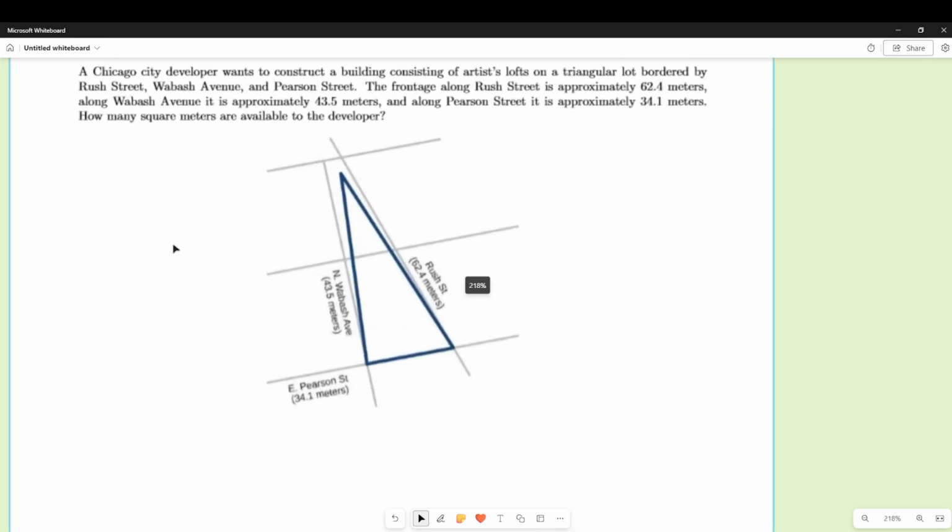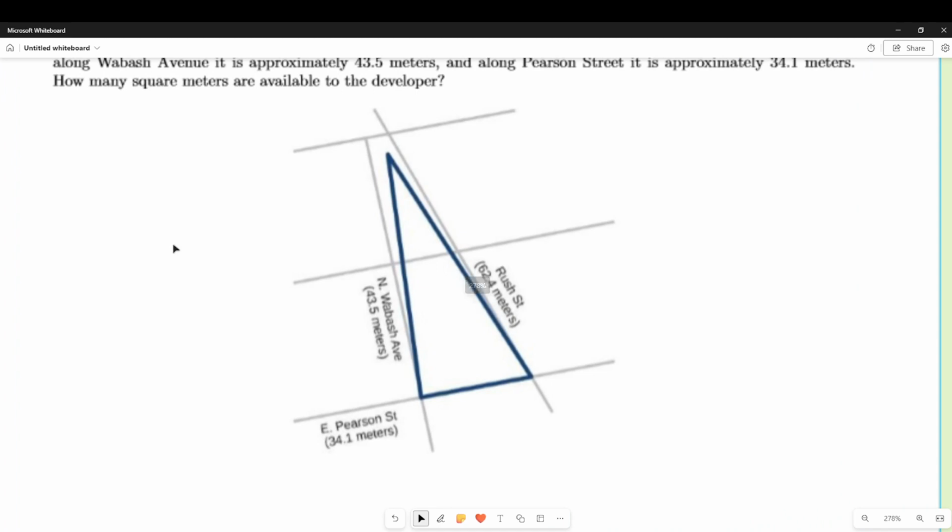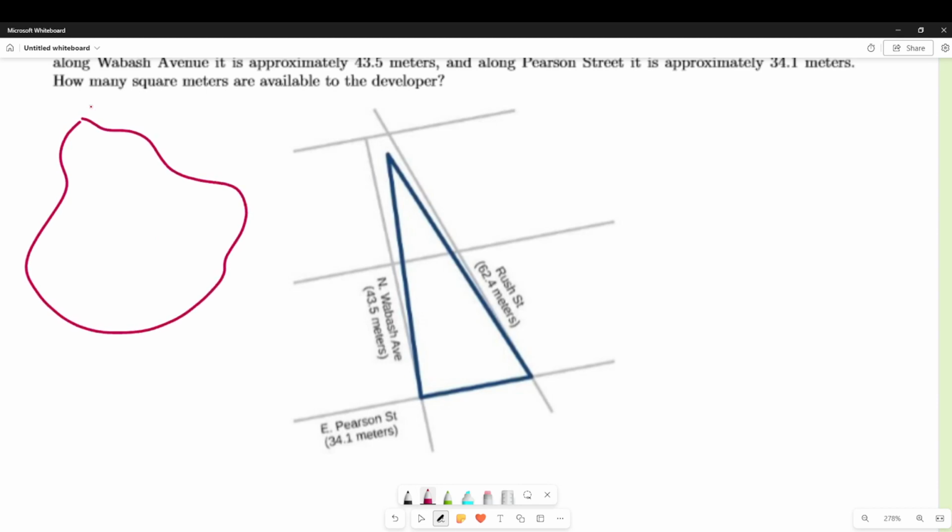Now notice, I actually kind of like this, that it's not actually a triangle, but we're approximating it with that triangle of frontage. This is really common. You'll often see problems like, hey, we got this big lake and somebody wants to approximate the area of that lake. Well, you build a triangle.